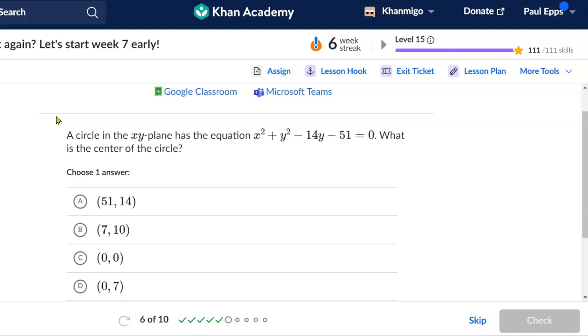So the x coordinate of the center is 0. The y coordinate, to get the negative 14y, you're going to have y minus 7 squared. And so the y coordinate of the center is going to be 7. And that's it, 0, 7.